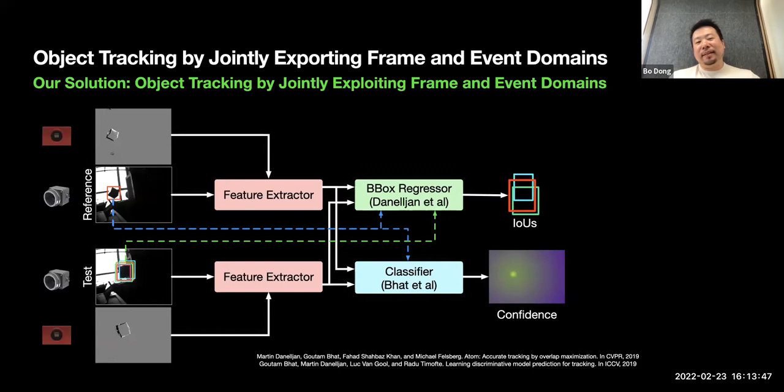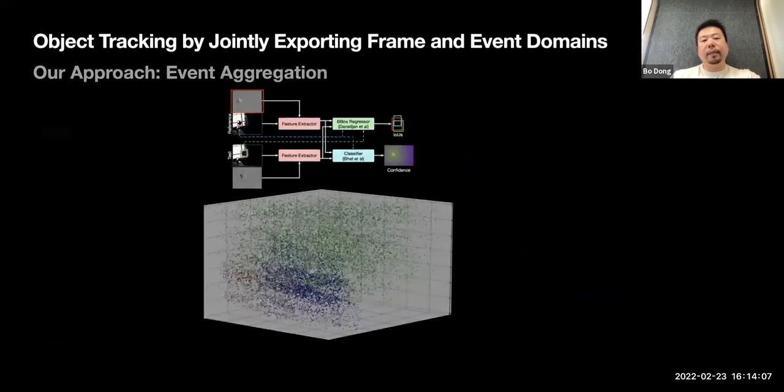We just adapt its bounding box regressor and classifier. What we did is introduce a new input, the accumulated event frame, and change the feature extractor accordingly, in order to leverage the advantages of both domains.